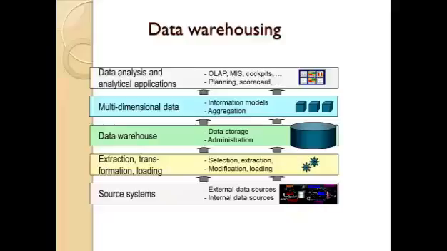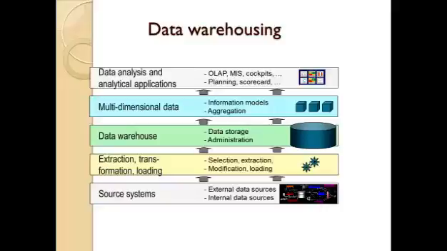Both external data sources as well as internal data sources have to be identified and then used to import data into the data warehouse. The technology that is used to get data into a data warehouse is known as ETL, which stands for extraction, transformation, and loading, that you see at the bottom of the screen there.